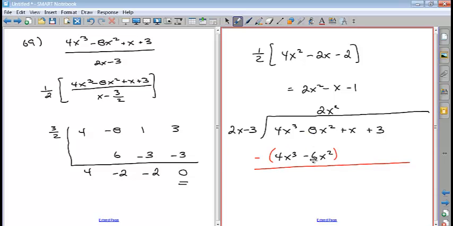This is negative 8 plus 6, which is negative 2. So I get negative 2x squared plus x. What do I need to multiply 2x by to get negative 2x squared? I need to multiply by negative x. So negative x times 2x is negative 2x squared. Negative x times negative 3 is positive 3x. And again, what I'm doing is subtracting this.